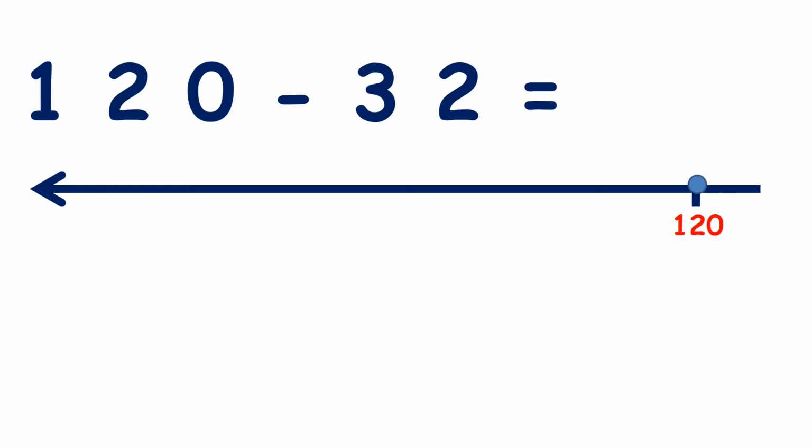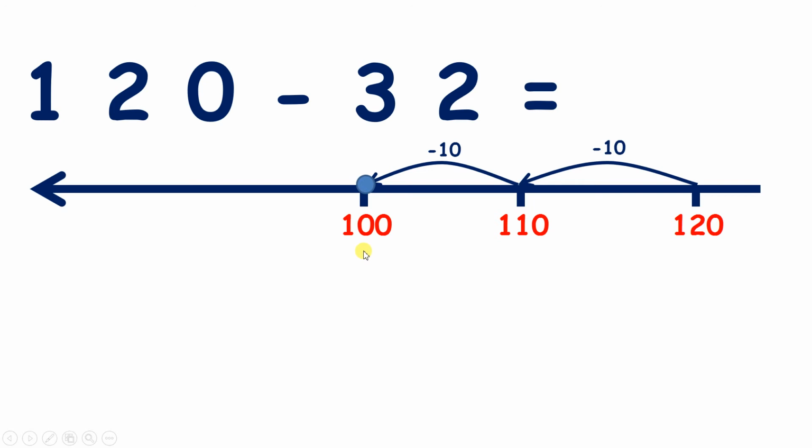Now pause the video and see if you can work out 120 minus 32. We'll take away 10 and we have 110, another 10 and we have 100, and our third 10 leaves us on 90.